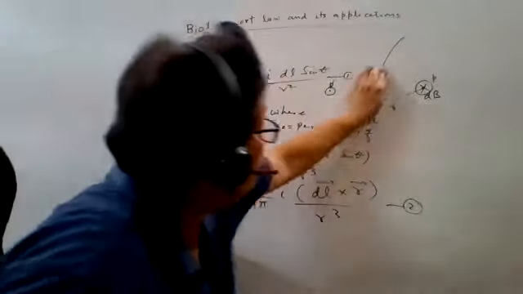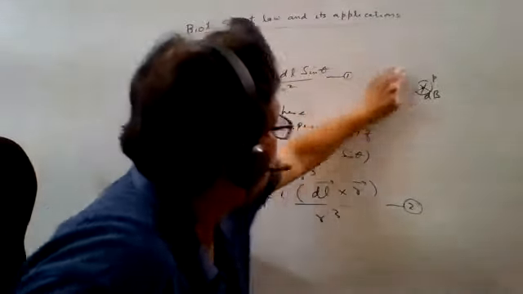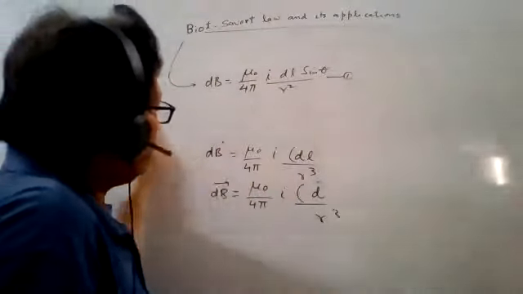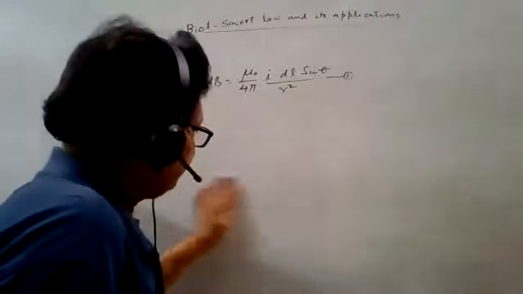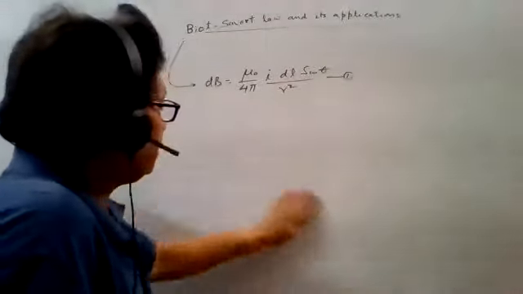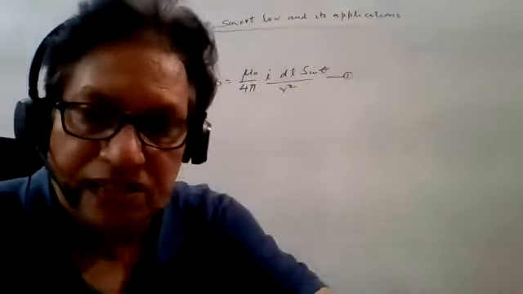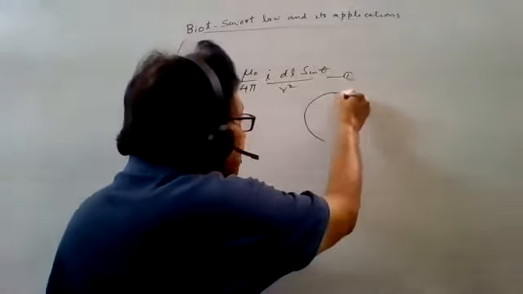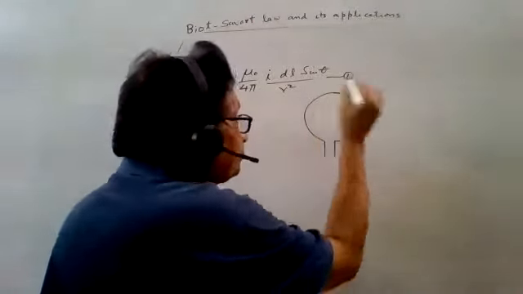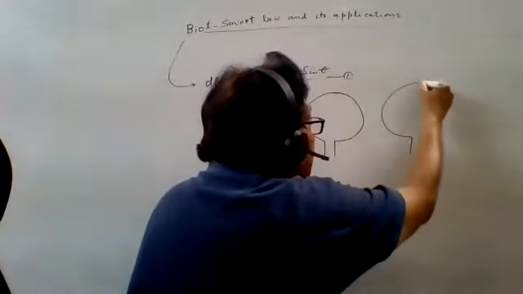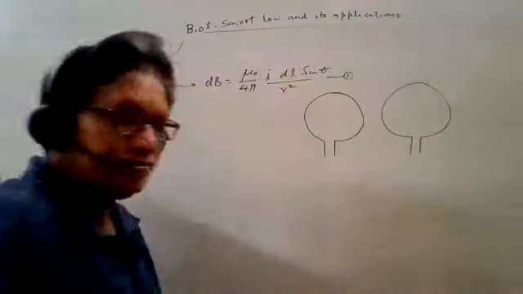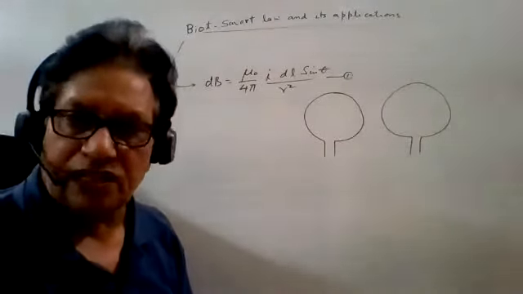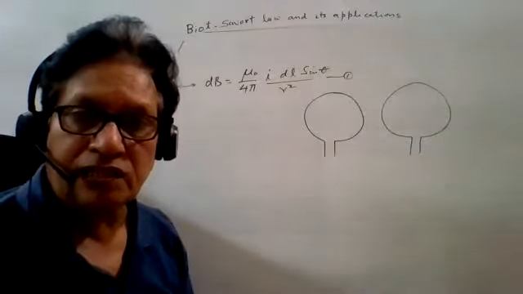Here we are applying this Biot-Savart law to find out the magnetic field at the center of the current carrying circular coil. Let us discuss here. This is the circular coil. I am taking it twice. The reason is that the current can be clockwise or anti-clockwise.